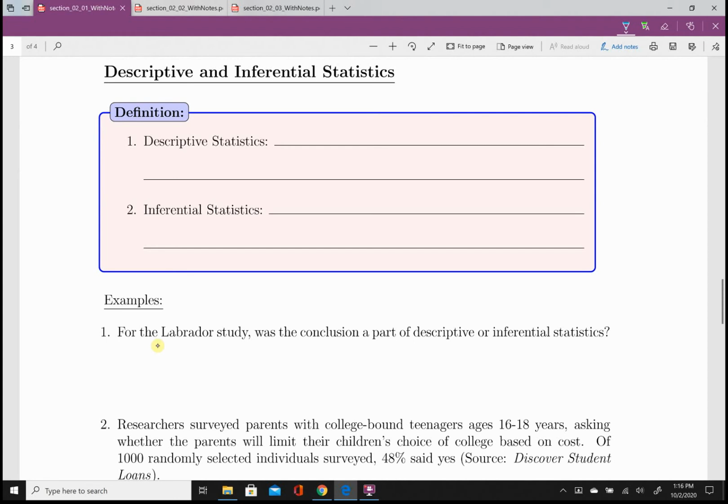There is descriptive statistics, which is the practice of using tables, graphs, calculations about a sample to draw a conclusion about only the sample. So let me go ahead and write some of that down. Yeah, we'll keep this color here. Use tables, graphs, calculations.